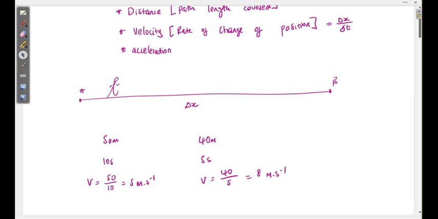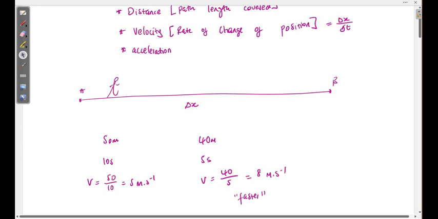Yes, so it's 8 meters per second, which means that the person is covering 8 meters each second. So this one, the person is much faster. How much you're covering, that is the velocity.